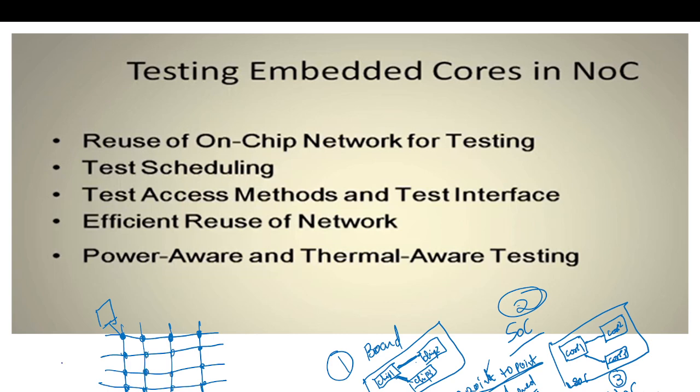Now for testing, we connect to an automatic test equipment, the ATE, which gives the patterns to this port. Next, consider this is connected to one port, such that the responses are collected back to the ATE from this port.